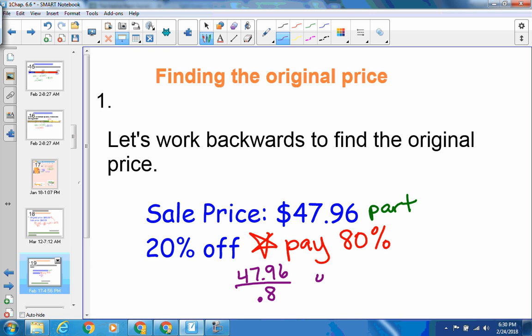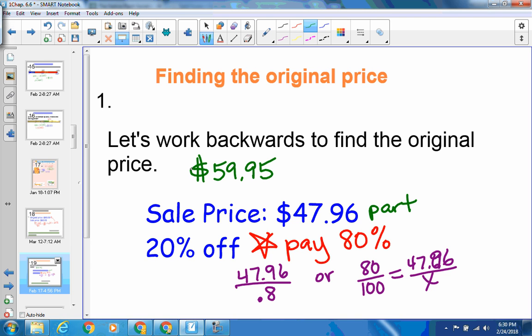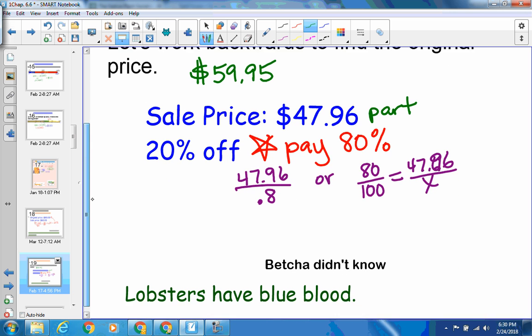Or you could use the proportion and say 80 over 100 is equal to 47.96 over x. Either way you solve it, you end up with the original price, which ends up being $59.95.